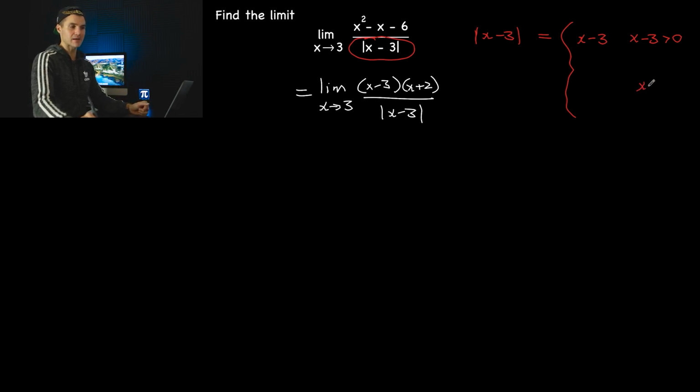However, if that expression under the absolute value is negative, we multiply the entire expression by -1. I just put a negative in front, but it's like a -1 in front of the bracket. Multiplying that negative expression by -1 turns it positive. So if we simplify a bit more, this absolute value as a piecewise function is going to stay as x minus 3.